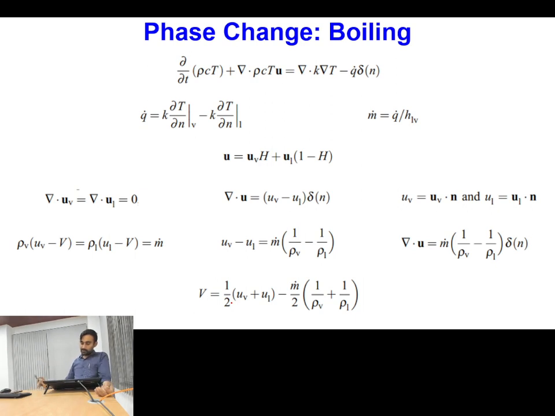Okay, so the first point is, when you will be solving phase change heat transfer, you have to keep track of the temperature field. Then only you will be able to simulate your boiling phenomenon. So this is the transient term, this is the advection term, this is the diffusion term, and this is the source term for the heat transfer equation.